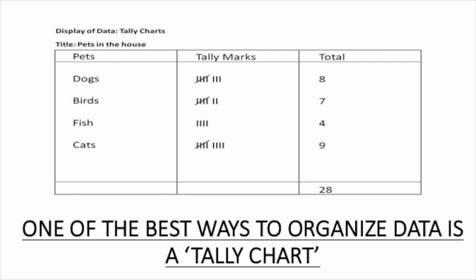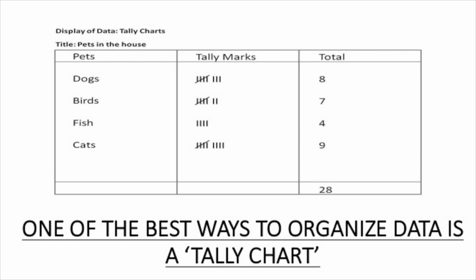So what pets do we have? Dogs, birds, fish, and cats. So our tally marks, because when we're doing a survey, we don't want to write numbers all the time. We can just make tally marks. Then at the end, we can count up the tally marks to give us our total.